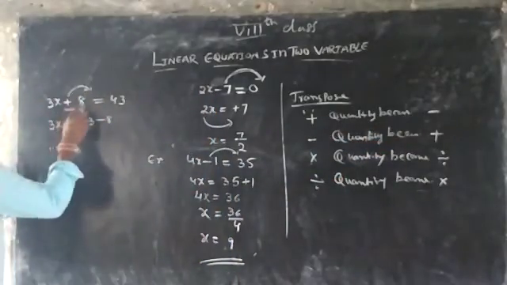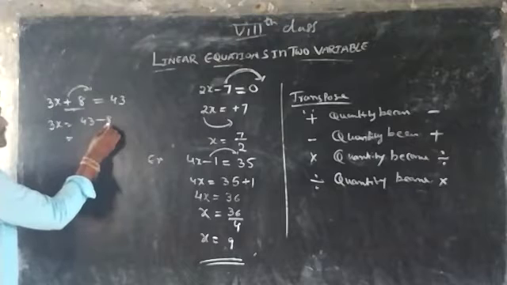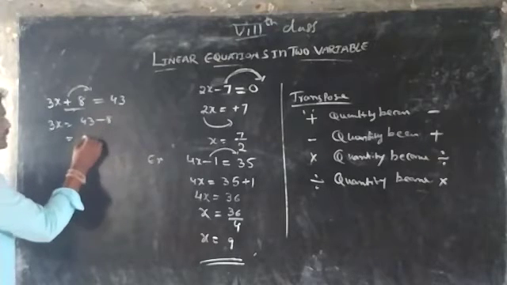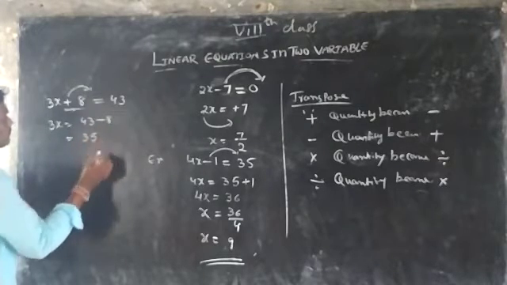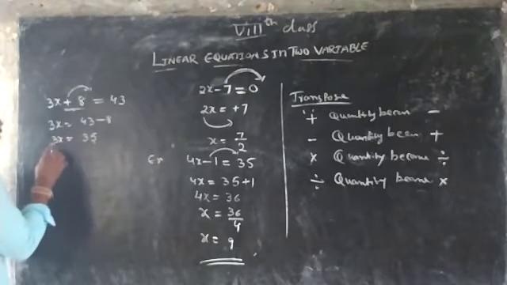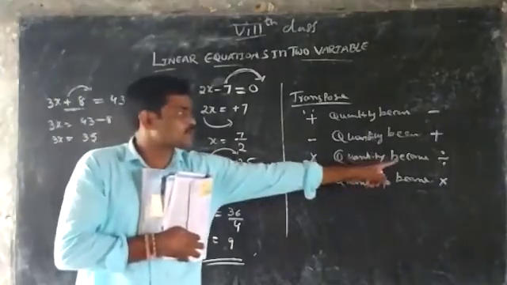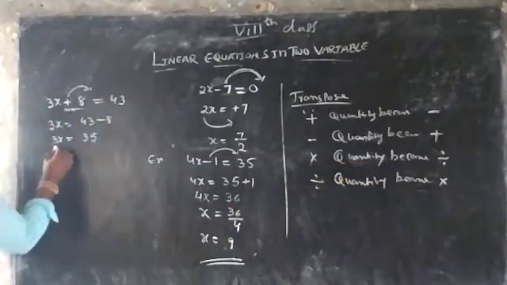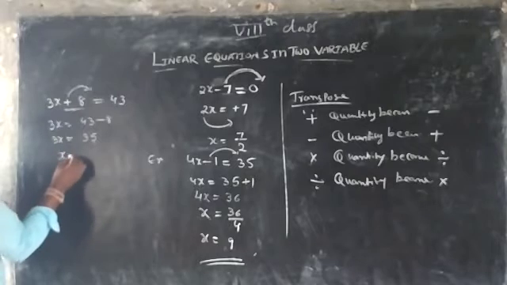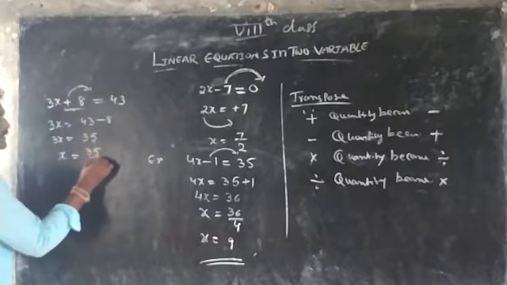So 3x is equal to 43 minus 8, that is 35. Now 3x is 3 into x. The into quantity becomes divided by. Therefore x is equal to 35 by 3.